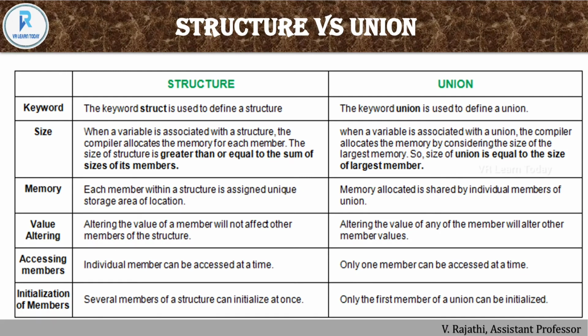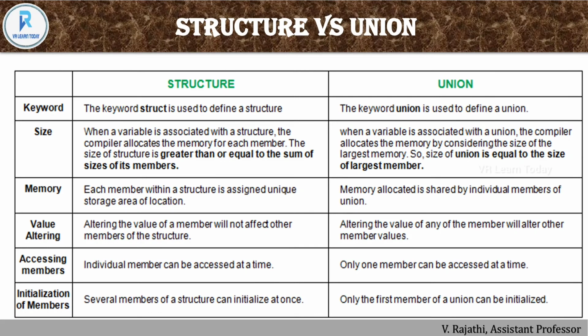So this is the difference between a structure and a union. For a structure we use the struct keyword, and for a union we use the union keyword. When a variable is associated with a structure, the compiler allocates memory for each member, and the size of the structure is greater than or equal to the sum of the sizes of its members. When a variable is associated with a union, the compiler allocates memory by considering the size of the largest member.